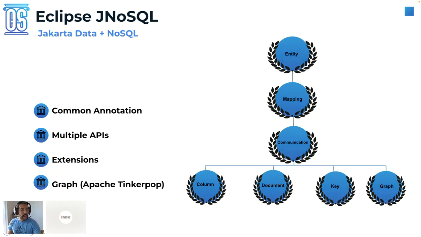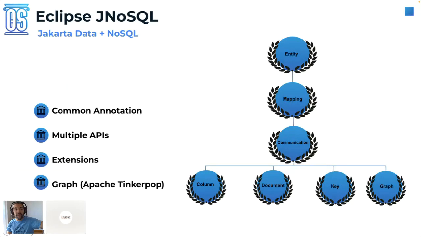And that's the structure inside the framework. So I have my entity where I use my annotations. Based on those annotations, a mapping process happens, then communication with the database, or each NoSQL database that we support, through a single API. So one API for column, one API for document, one API for key value, and finally one API for graph.